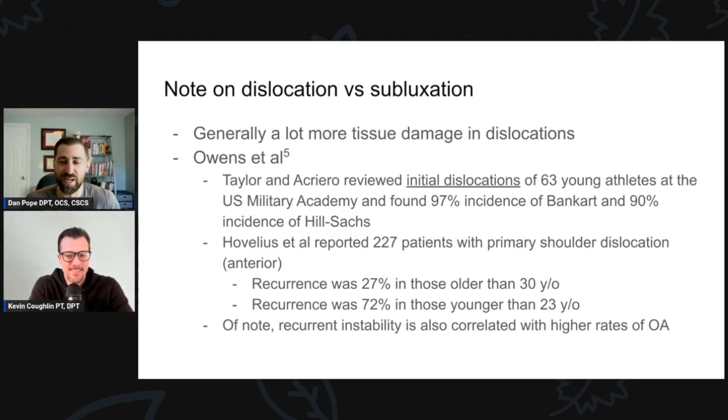We'll talk about some of these stats later, but dislocations are kind of like ankle sprains. People don't take them that seriously. They get back to sport really quickly, and there's a super high recurrence rate. So I'm curious if we did a better job, if things would be better. But just guessing, right? Yeah, totally. I feel like especially with subluxations, some people just think it's their norm. It's a normal thing, and so that's kind of wild.